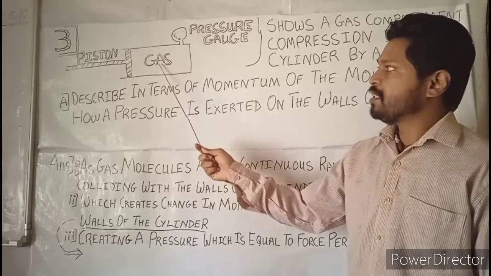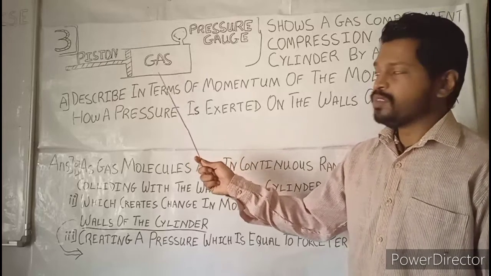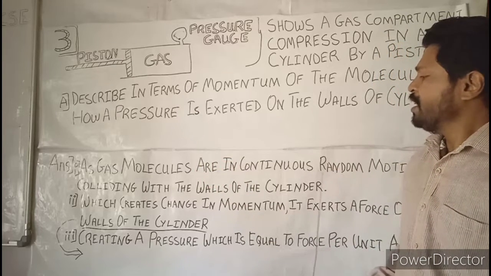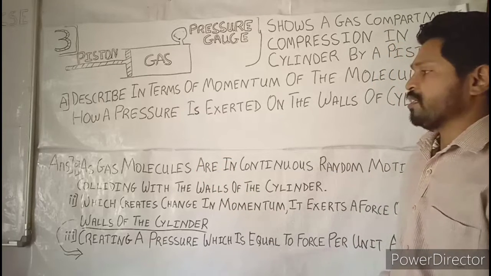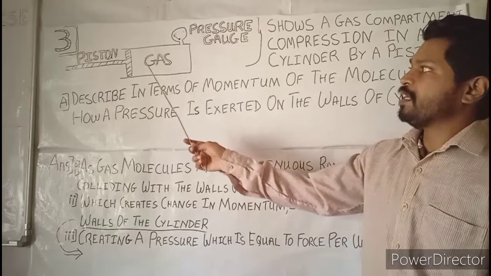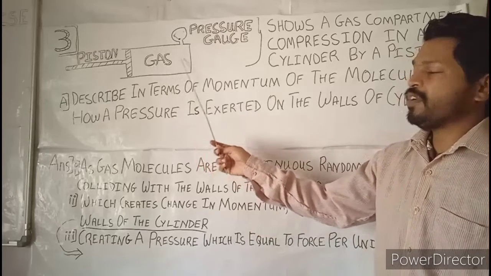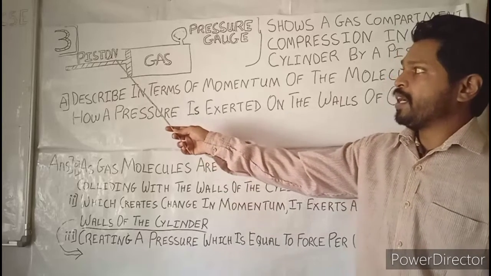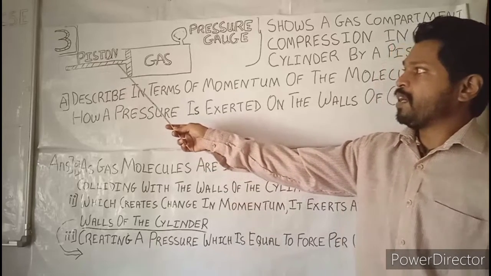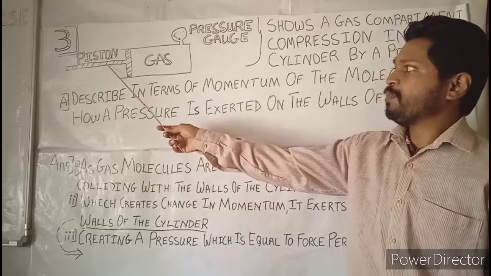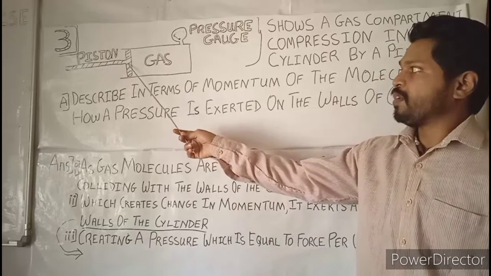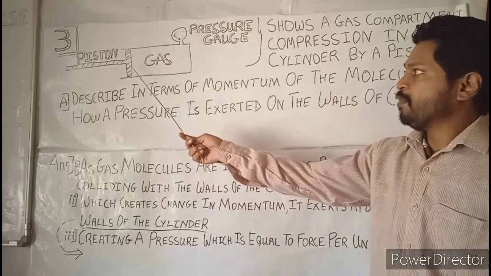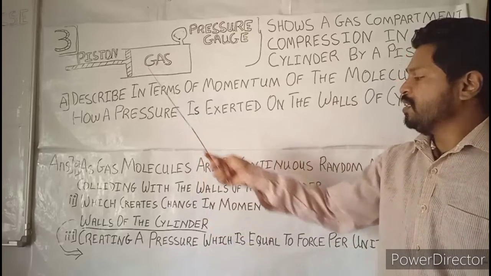Inside this there are many gas molecules, and they are in continuous and random motion. You are already aware that these gas molecules are in continuous and random motion. When pressure is applied on the piston, the piston moves forward in a particular direction.